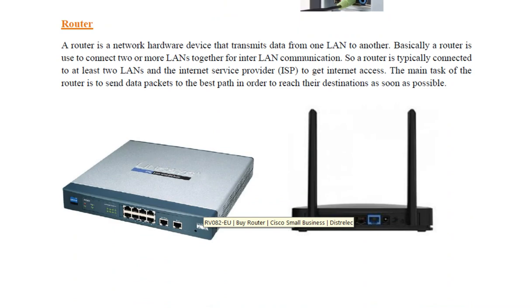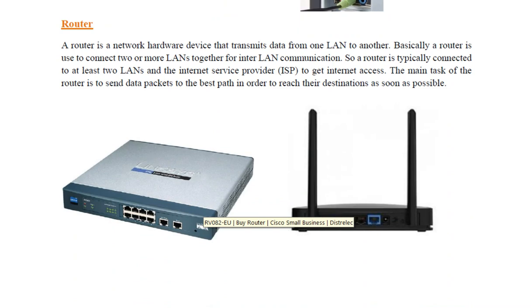For example, if I just click on an image in Facebook, or we just log into Facebook, the request must be sent to the Facebook server from our mobile phone or laptop. So the nearest router, the router at our home or our internet service provider, receives the request when we click on the image, and it finds the easiest and fastest path to send that data packet to the Facebook server.